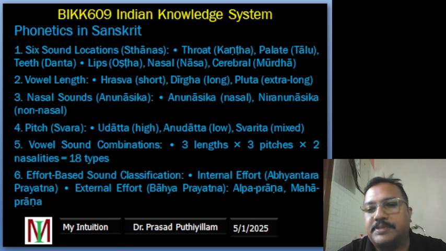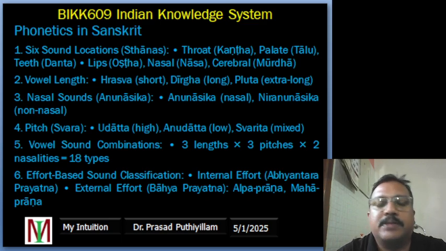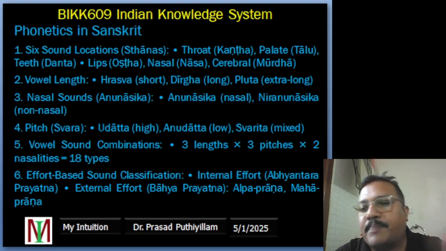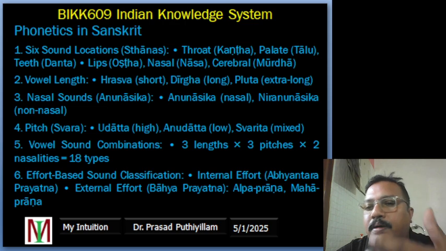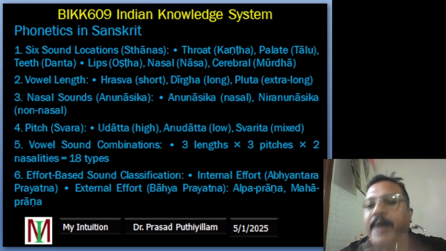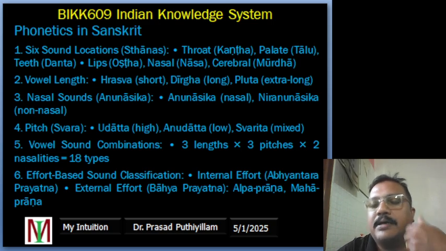These add to the musical and rhythmic beauty of Vedic chants. Finally, the efforts, based on sound classification, explain how much effort is required to produce certain sounds. Abhyantara Prayatna means internal effort, and Bahya Prayatna means external effort. Abhyantara Prayatna involves the tongue, lips, and other parts of the mouth.